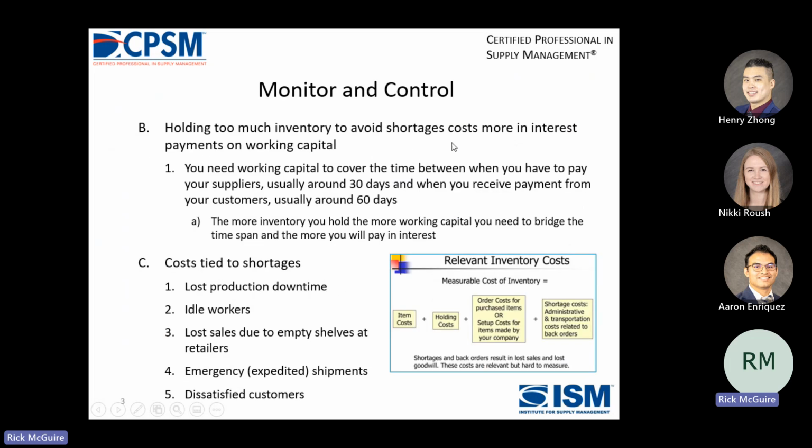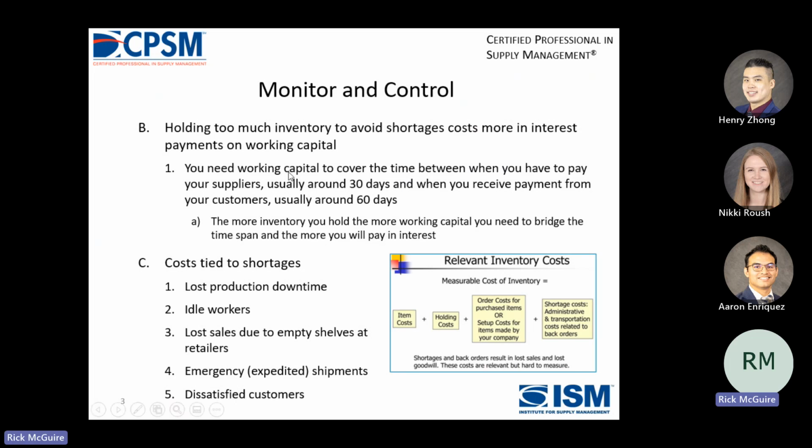Holding too much inventory to avoid shortages costs more in interest payments on working capital. So again, the working capital is the need that comes from you buying the parts and then you getting money from your customer.